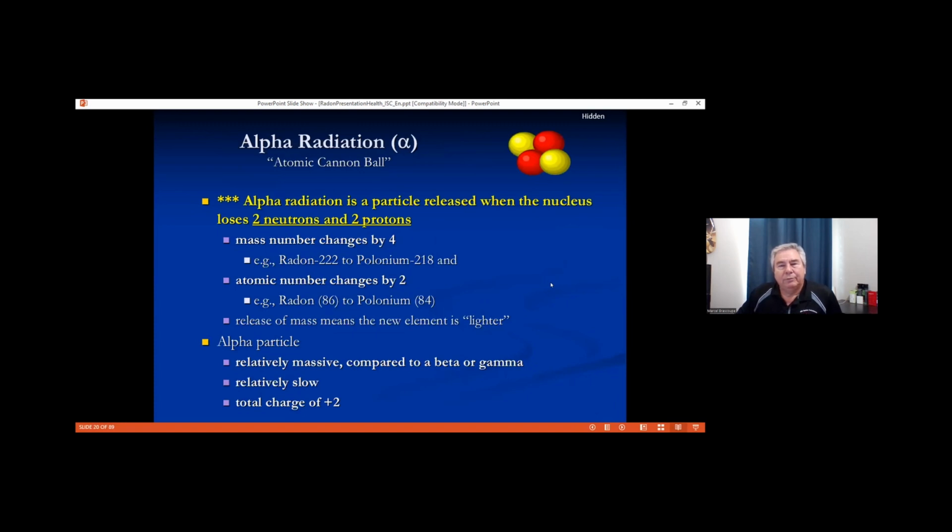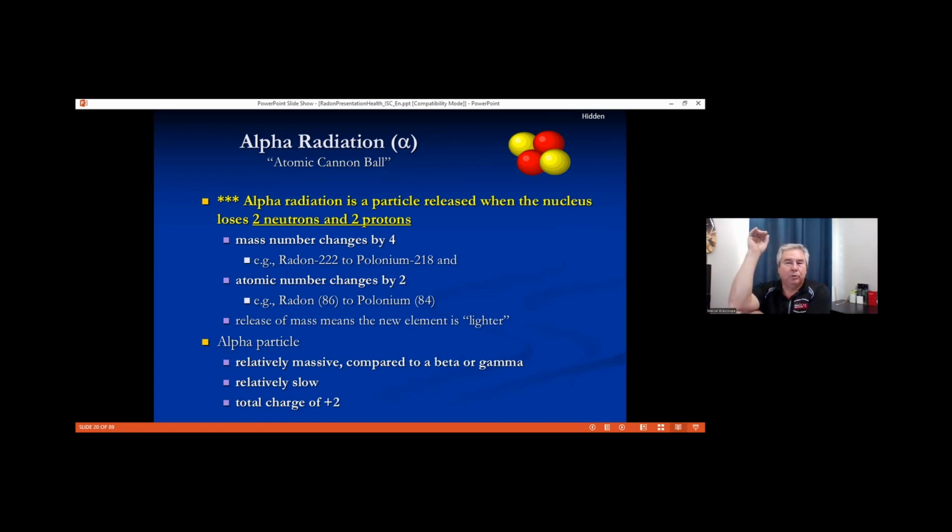Alpha radiation, alpha particle, is a particle that's released from the nucleus, like we've seen, and it always contains 2 protons, 2 neutrons. So the mass number will change by 4. So radon 222 will change to polonium 218. So you can see the difference between the two. 222 minus 218, that's 4.